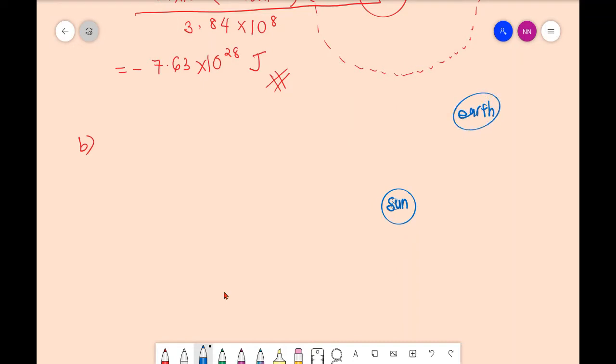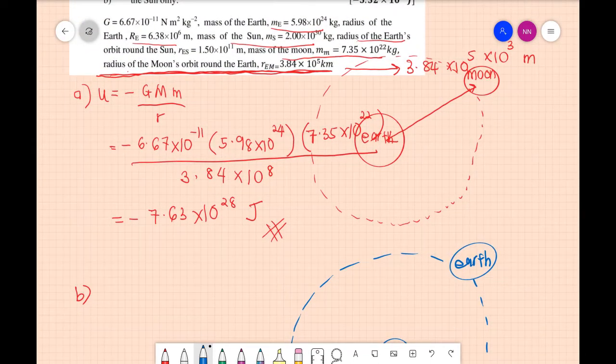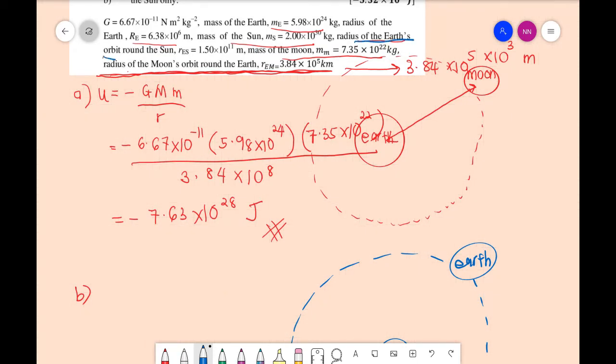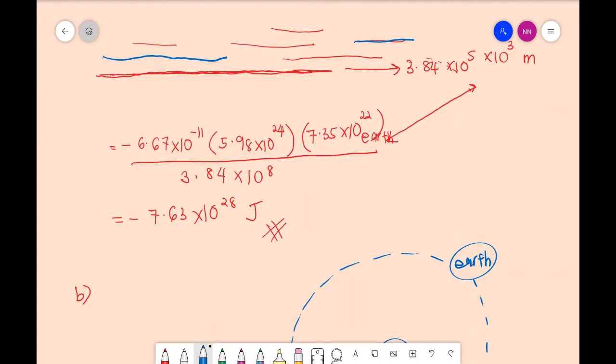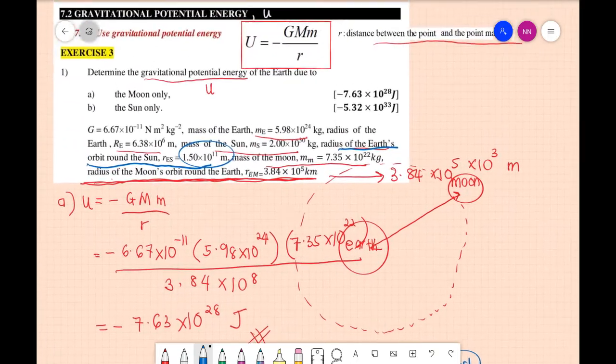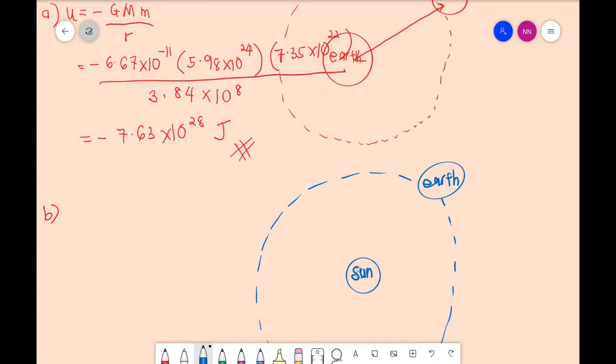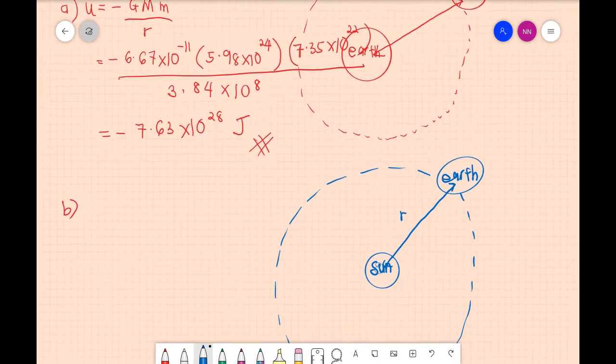So Earth is orbiting the Sun. The radius of Earth orbiting the Sun is given. It is 1.5 times 10 to the power of 11 meters. This is also the distance between the point and the point mass.